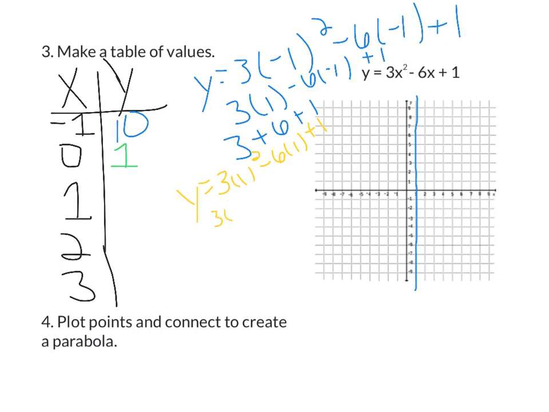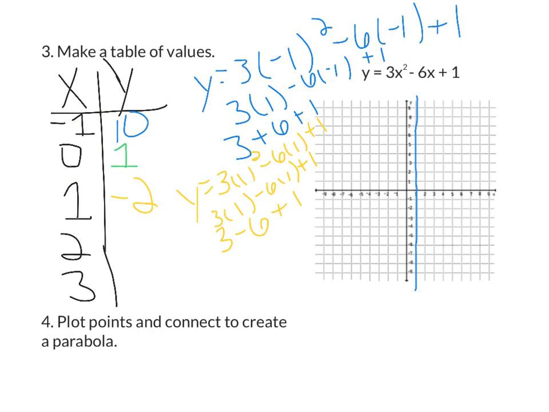So I have 3 times 1 minus 6 times 1 plus 1. My next step in the order of operations would be to multiply. 3 times 1 is 3, and 6 times 1 is 6. So I have 3 minus 6 plus 1. 3 minus 6 is negative 3, plus 1 is negative 2. So I have the point 1, negative 2.